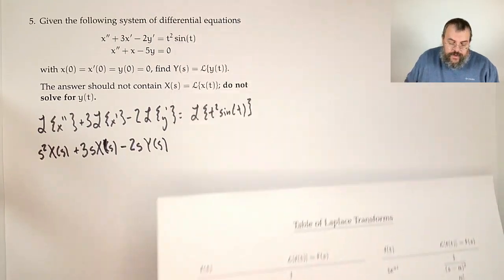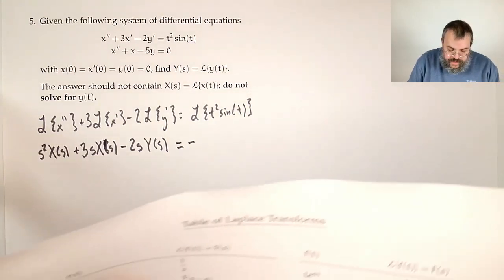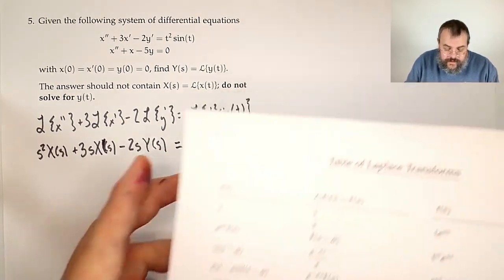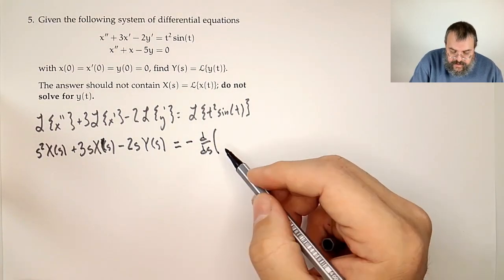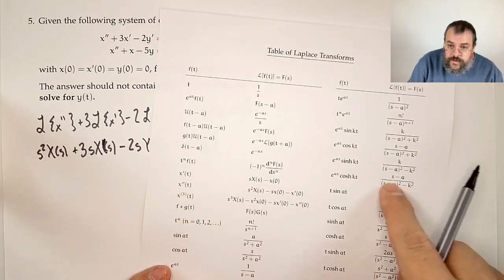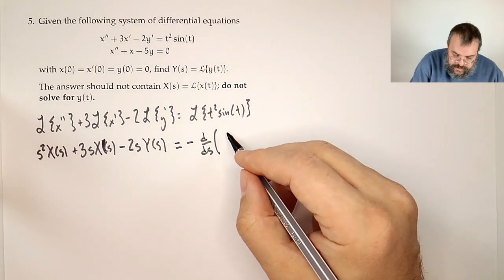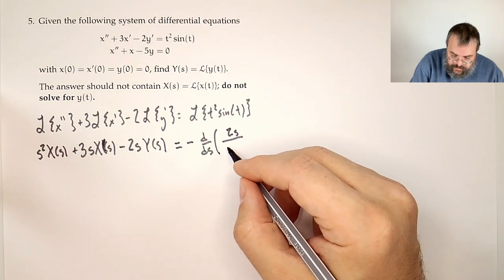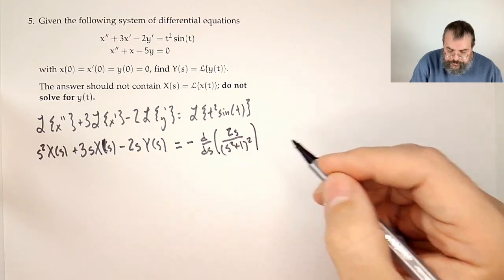So there will be a minus sign coming from that rule, and then the derivative with respect to s of the t sine t, which I'm going to copy from there. That would be 2s over s squared plus 1 squared.